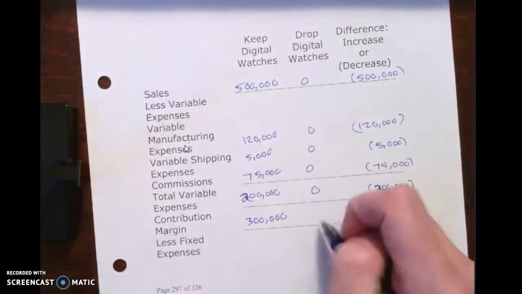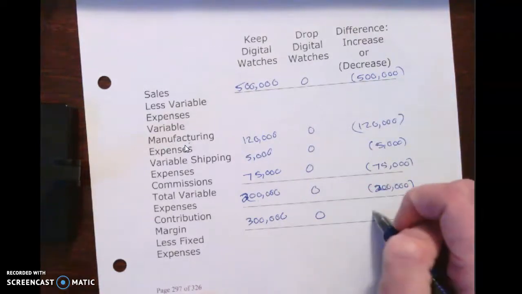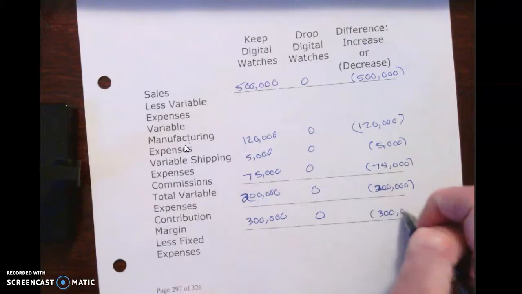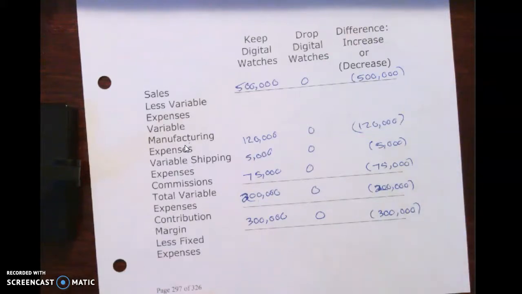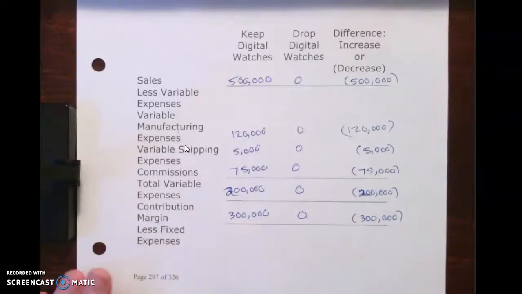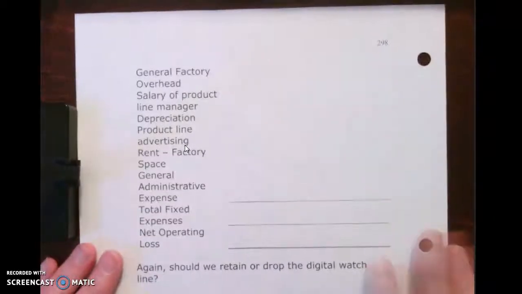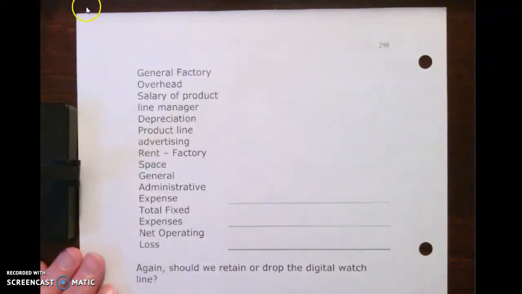And then, of course, if we drop our watch line, we have zero contribution margin, which means we have our loss of our contribution margin. I'm going to go ahead and pause the lecture video, and what I want you to do is do this next page right over here where we go through the fixed expenses, which ones would stay and which ones would leave, okay? And then we'll come back and check it.